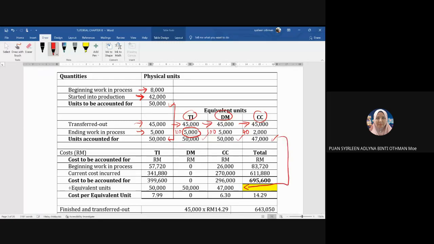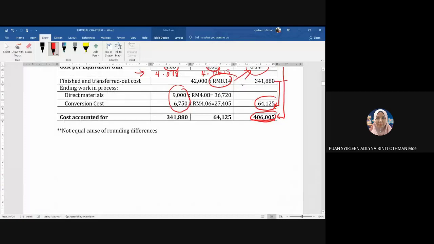So the beginning cost untuk transferred in, dia dah bagi dalam soalan. Transfer in is 57,720. The current cost incurred from preceding department, the current cost incurred ni 341,880 ni ialah ini.